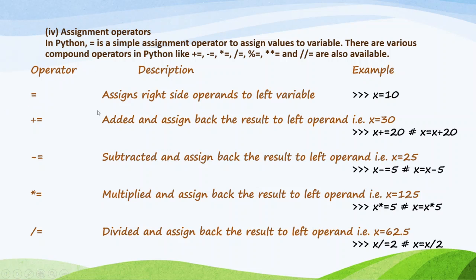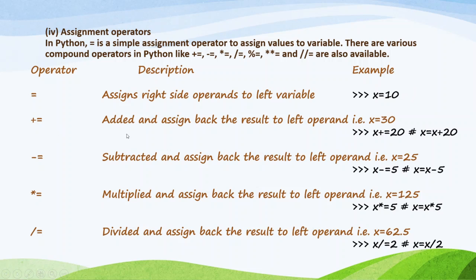Equal to assigns the right side operand to the left variable, x equal to 10. So the value 10 is assigned to the variable x, or 10 is stored in x.